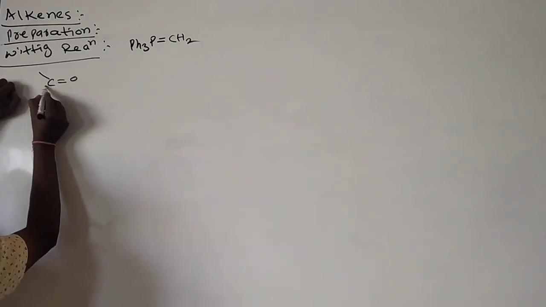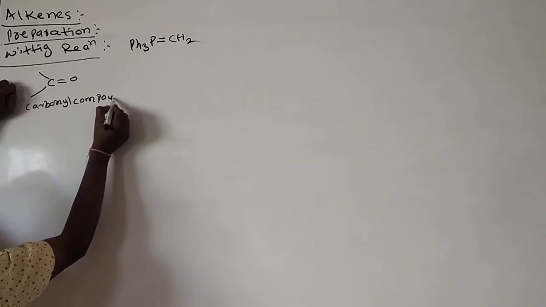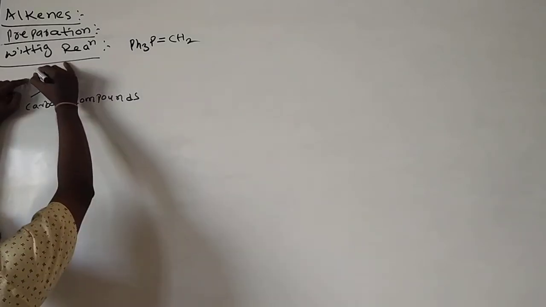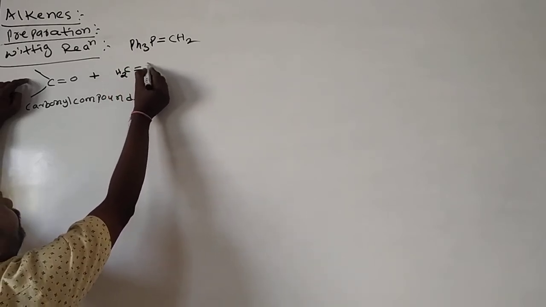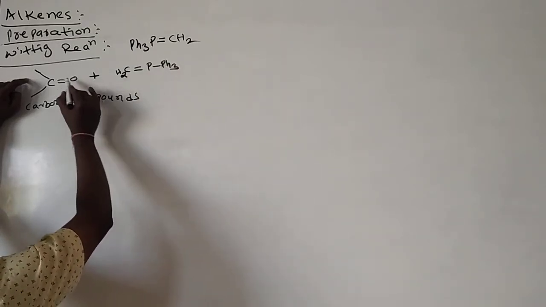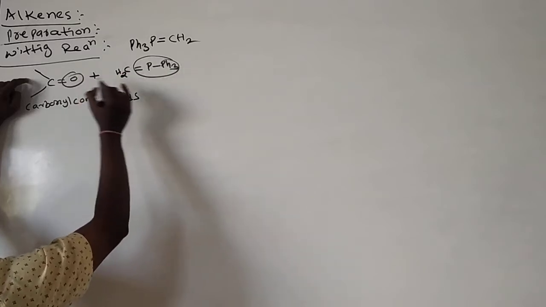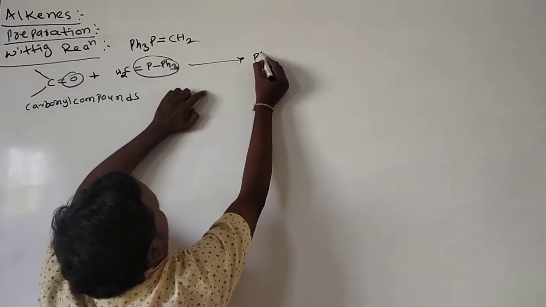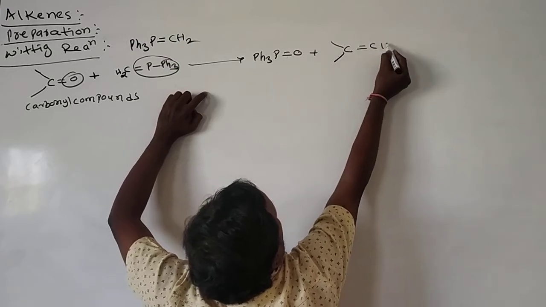Any carbonyl compound, meaning molecules containing the C double bond O functional group, reacts with the Wittig reagent, Ph3P double bond CH2. The oxygen is lost and forms Ph3P double bond O along with C double bond CH2.